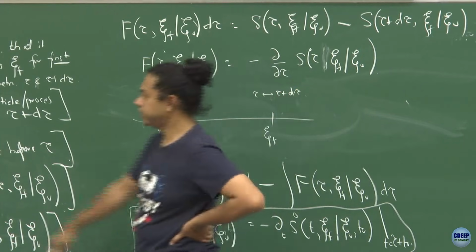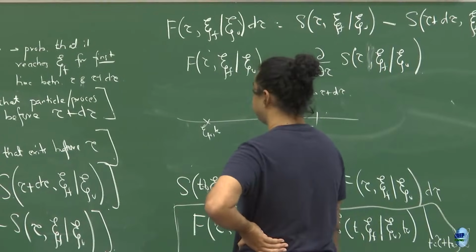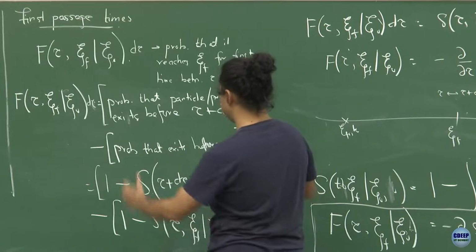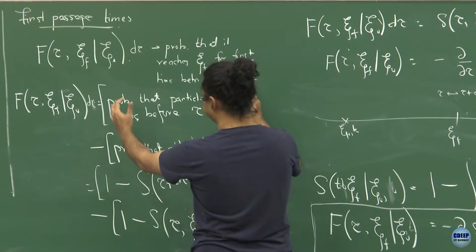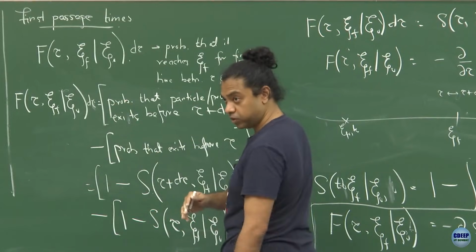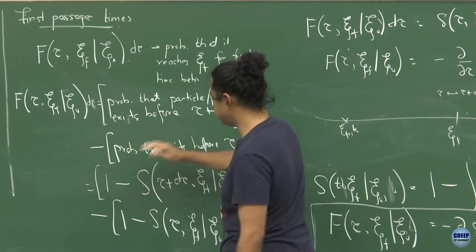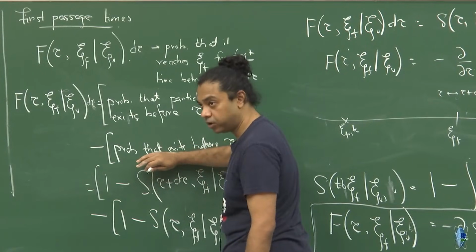So that probability is my f(tau) d tau, right? So now I can break that up into two parts: that I have exited before time tau plus d tau, and I subtract from that the probability that it exited before time tau.